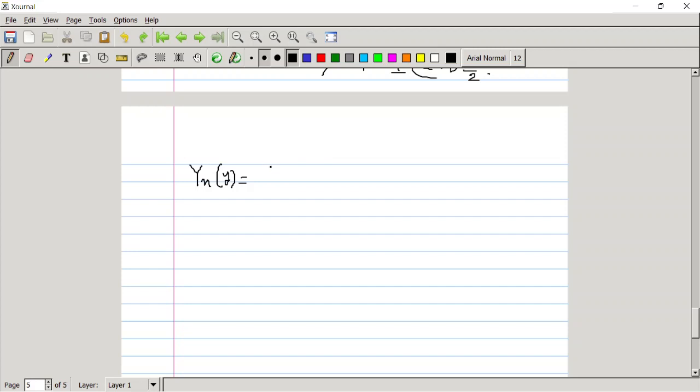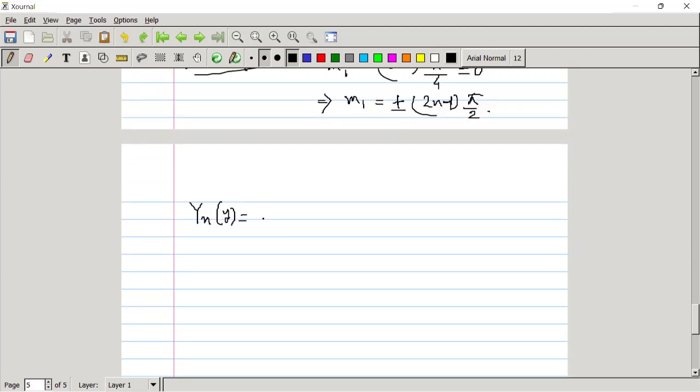So y_n(y) equals A_n, where A is a constant that depends on n, times cos hyperbolic of (2n minus 1) pi by 2 into y, plus B_n sine hyperbolic of (2n minus 1) into pi by 2 y.